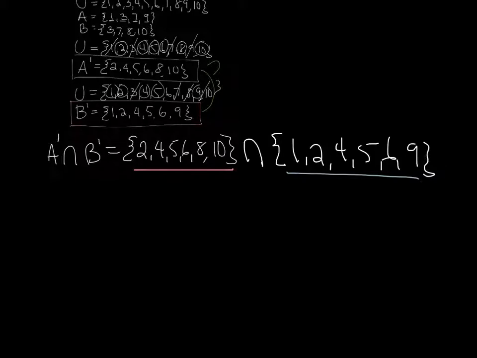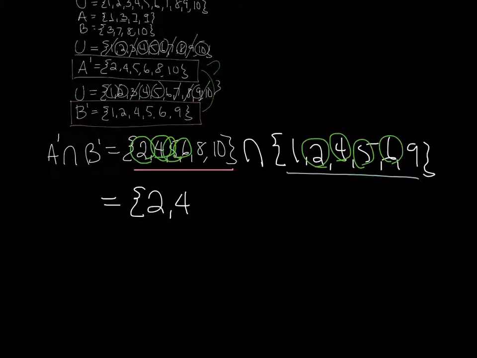Well, it looks like 2 is in common, 4 is in common, 5 is also in common, and 6. That's it. There are no other elements common to both sets. So your final answer is 2, 4, 5, and 6.